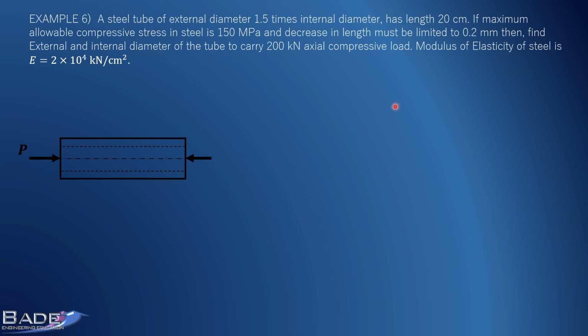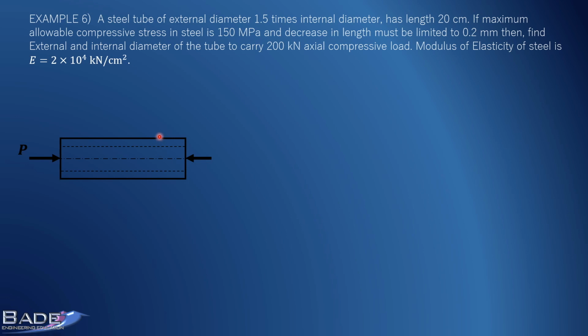So when you know safe stress, in that case only you can find safe load. In this problem, safe stress is given and here load is also known. What should be cross-sectional area of this member to carry 200 kilonewton load? So we are deciding now on dimensions of the member, dimensions of the cross-sectional area. This is called a design problem.